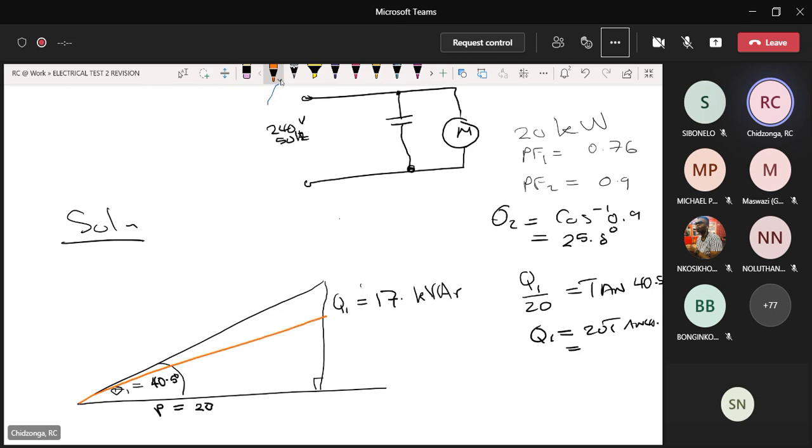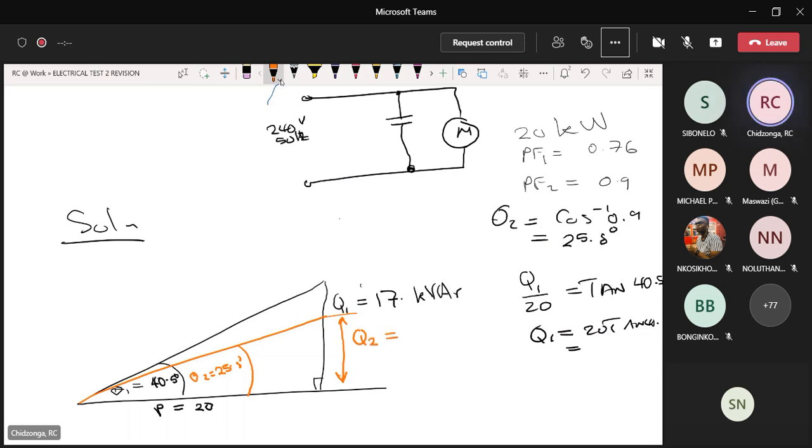You see, this angle here is what we want to be 25.8 degrees. This is theta 2 equal to that. Now, this is Q2, that distance. What is Q2?